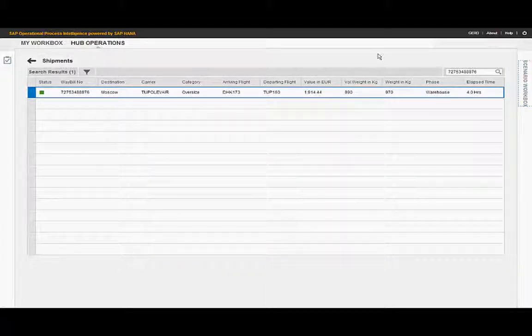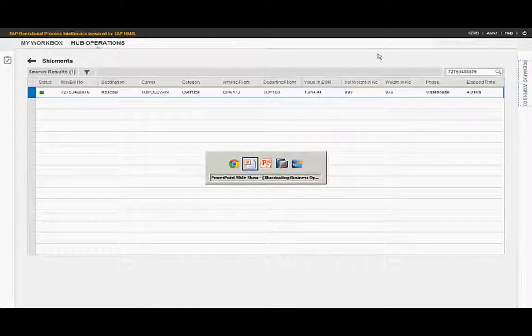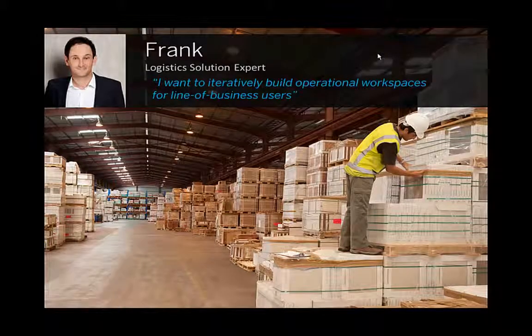So this is not a custom built dashboard or workspace. I have to show you how this is built very quickly. You have to meet Frank, who's the logistic solution expert, and Frank really wants to work closely with business and build such operational workspaces very iteratively for them.